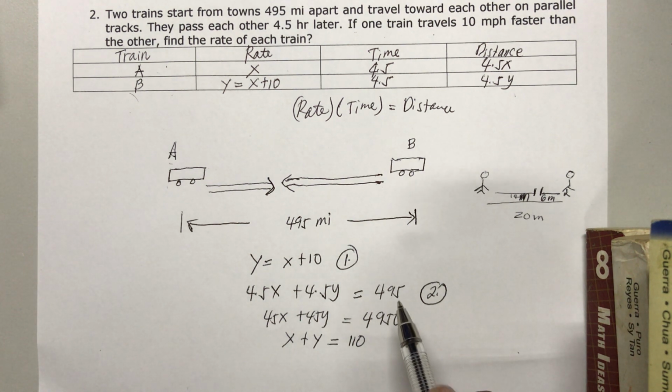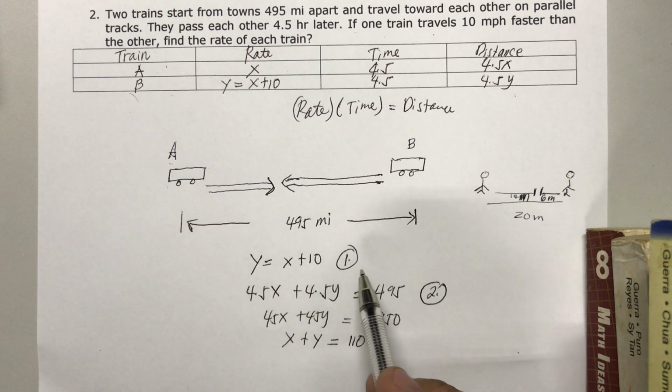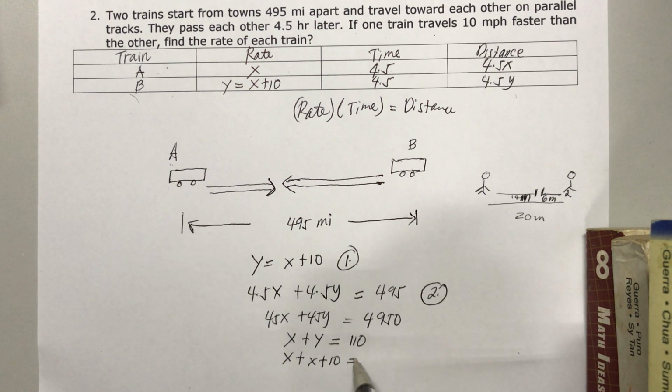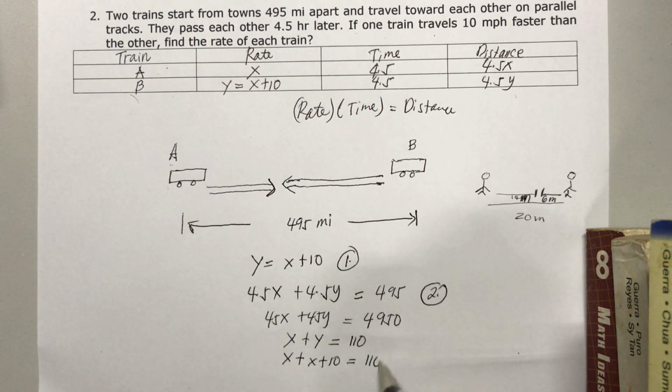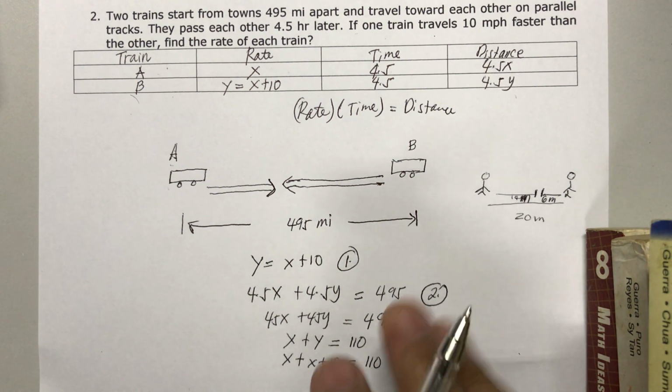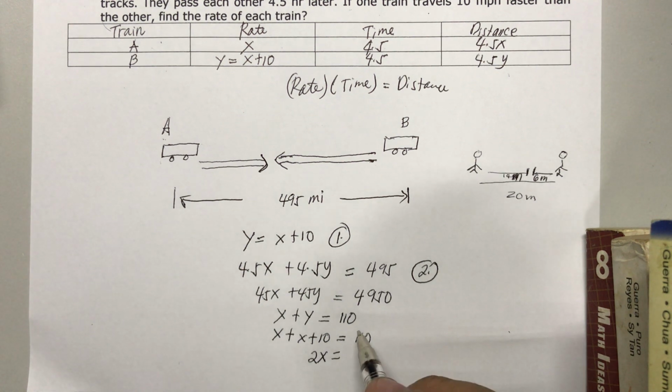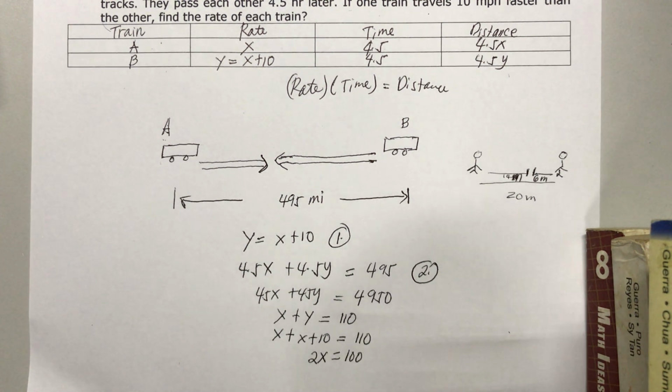Okay. Now, since y is equal to x plus 10, that would be x plus 10, which is equal to 110. Use the substitution method in this case. Combine like terms. Subtract 10 to both sides of the equation. You have 2x, which is equal to 100.